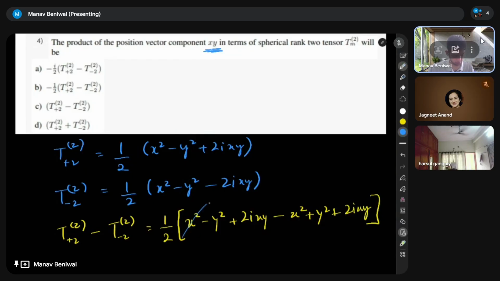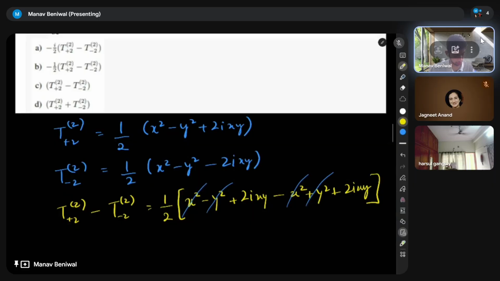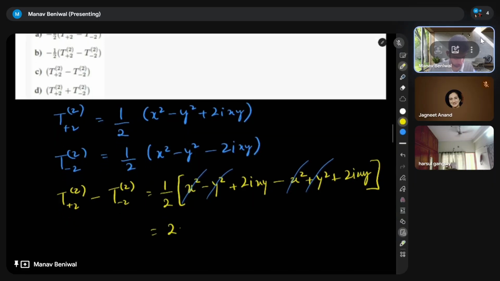So this will cancel out and this will cancel out and we'll have 4 iota xy. Then if we divide that by 2, this will be 2 iota xy.